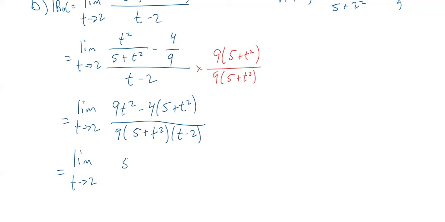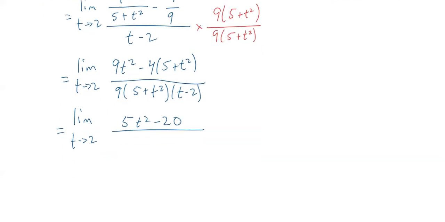So this works out to 5t squared minus 20, because you get a couple of t squared terms on top. And I hope you notice that there's a common factor on top, and then it works out to a difference of squares.